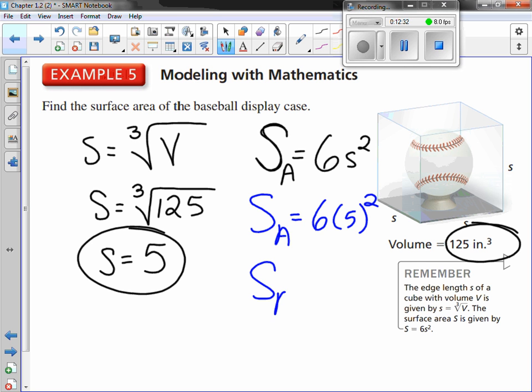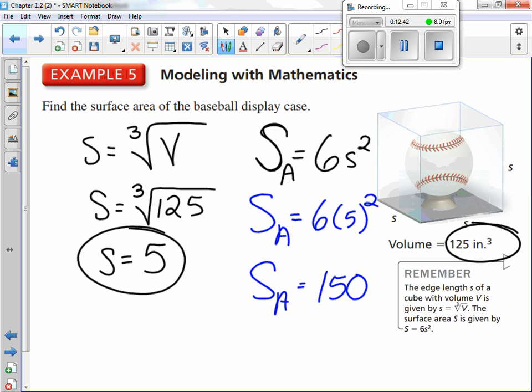And again, at this point here, we can plug all this into the calculator. We can do 6 times 5 squared, and 6 times 5 squared is 150. And this here is in inches, so inches squared, because surface area is always dealt in units squared.